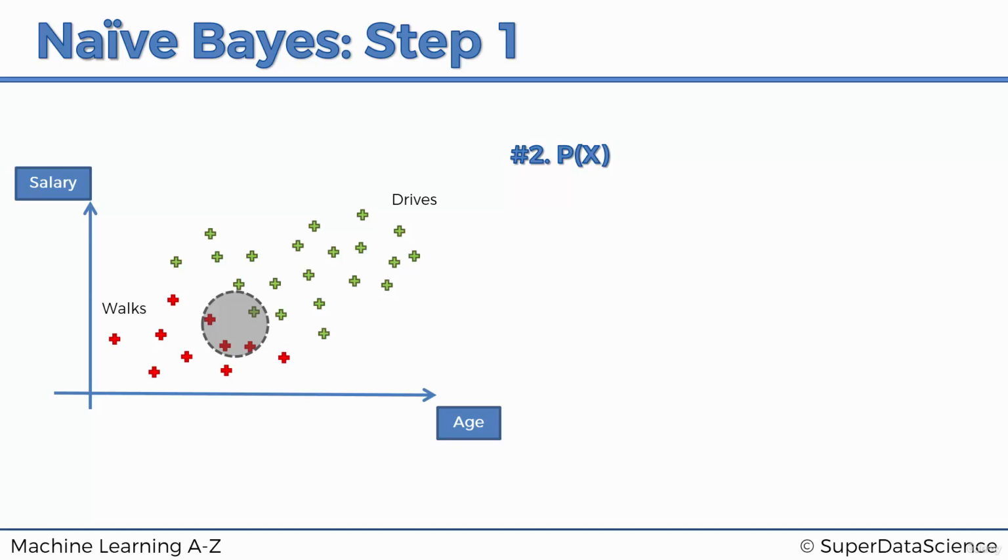Well, the probability of X is the probability of a new point that we add to our data set being similar in features to the point that we actually are adding to our data set. So basically, it's the probability of any random point that we add falling into this circle.